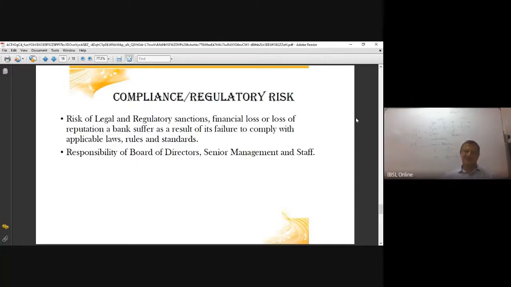This also I looked at in a very broad manner: risk of regulatory sanctions, financial losses, and loss of reputation, all suffered because of failure to comply with applicable laws and standards.